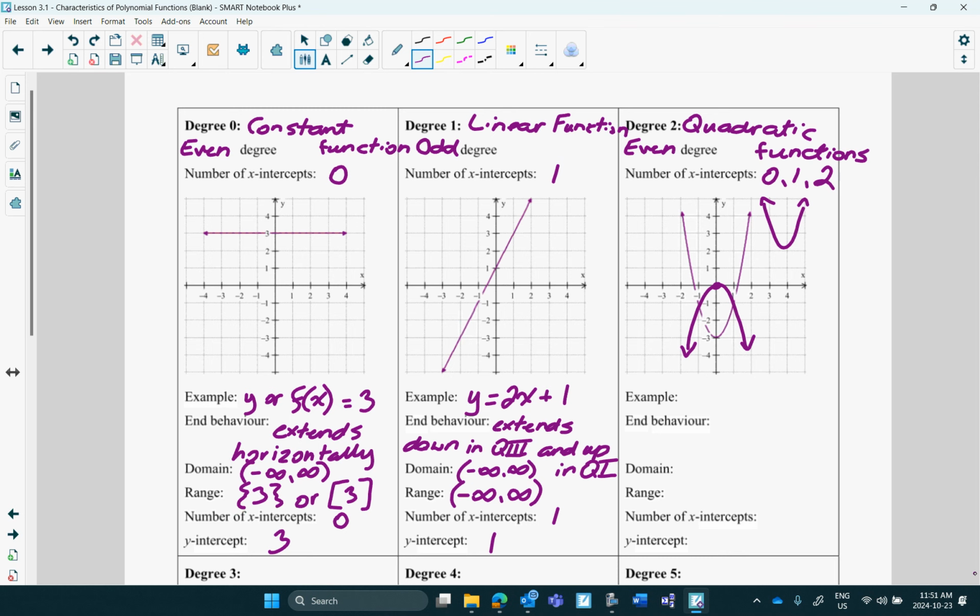This quadratic function is y equals x squared minus 3. Just going to erase these so we can see this clearly.